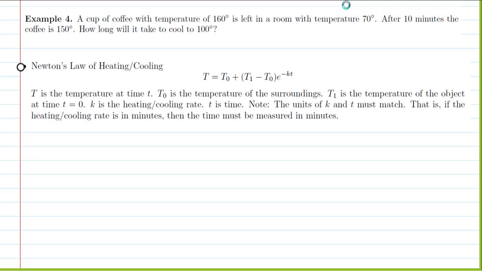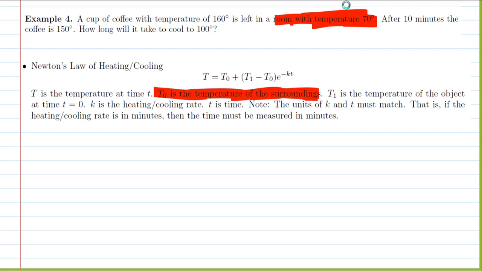So T is the temperature. T naught is the temperature of the surroundings. So that's our room temperature. So our T naught is going to be 70 degrees. T1 is the temperature of the object at time t equals 0. So this is our starting temp. So our coffee started with a temperature of 160 degrees.